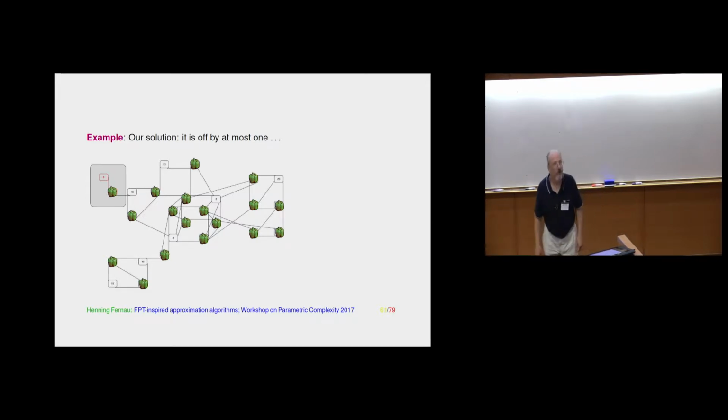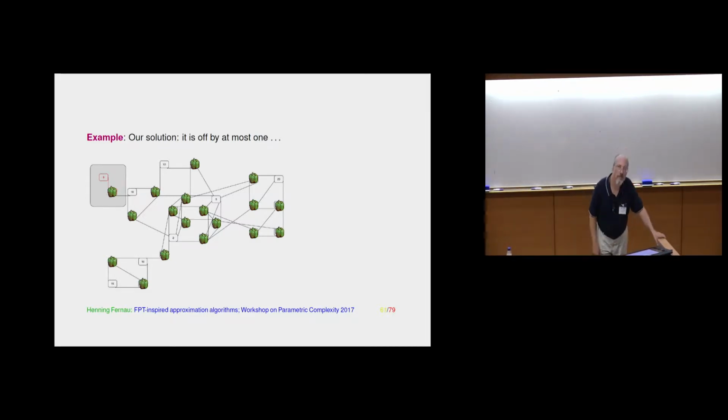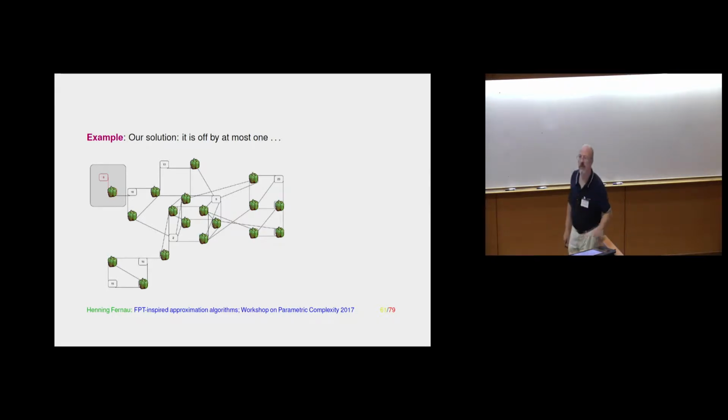I claim this is off by at most 1, I mean, from some optimal solution. Where did we play possibly wrong, in a sense that we have only an approximate solution here? Most of the rules that I applied were exact rules, apart from one case, actually.